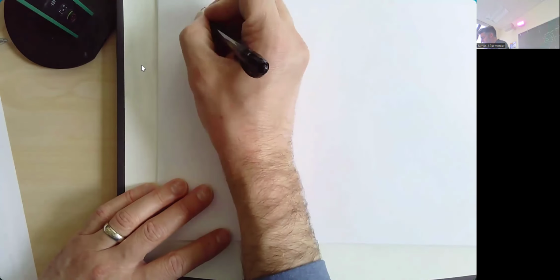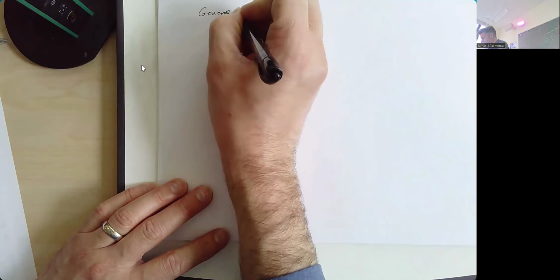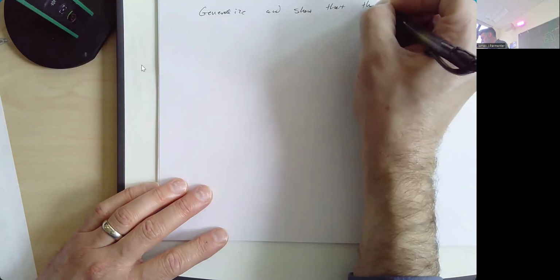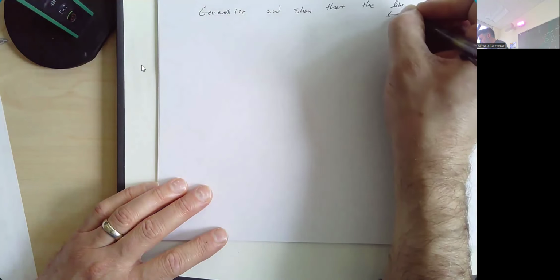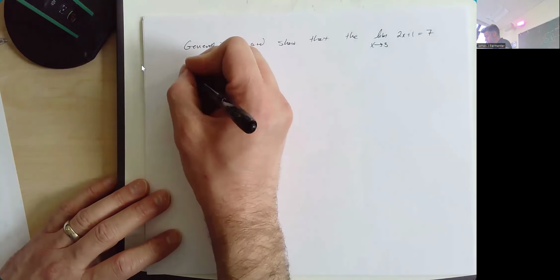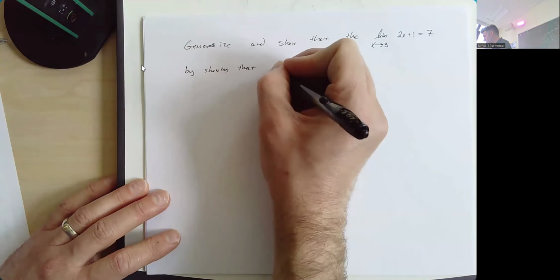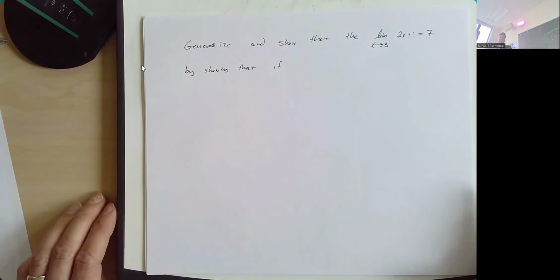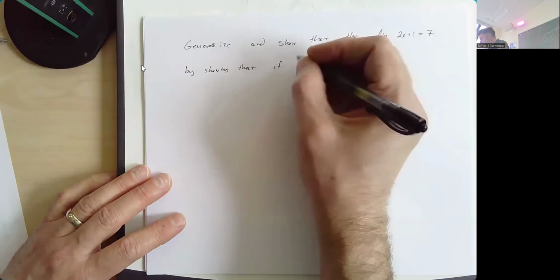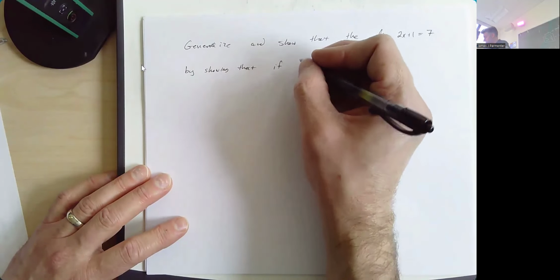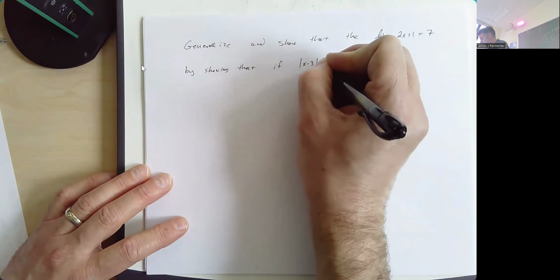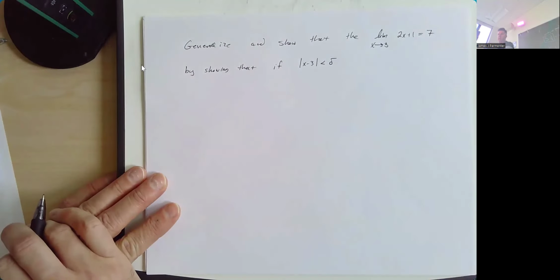We're going to generalize and show that the limit as x approaches 3 of 2x plus 1 is equal to 7 by showing the following. By showing that if, okay, here's the part where I'm going to write math and say words. If x is really close to 3, that's what I just said.